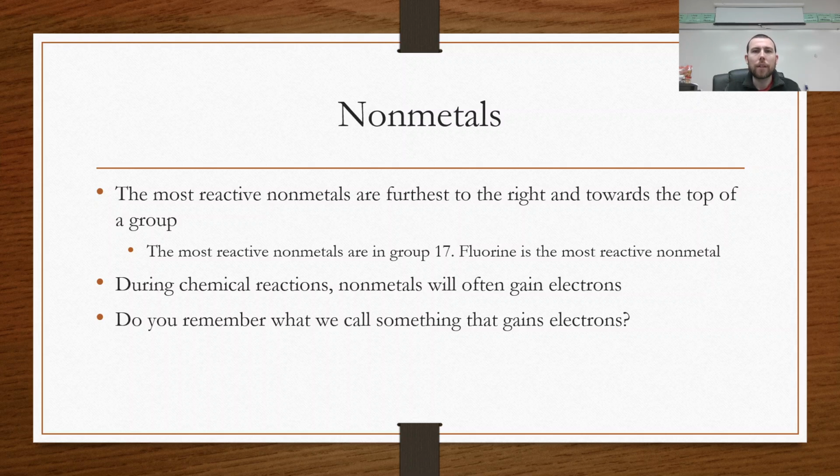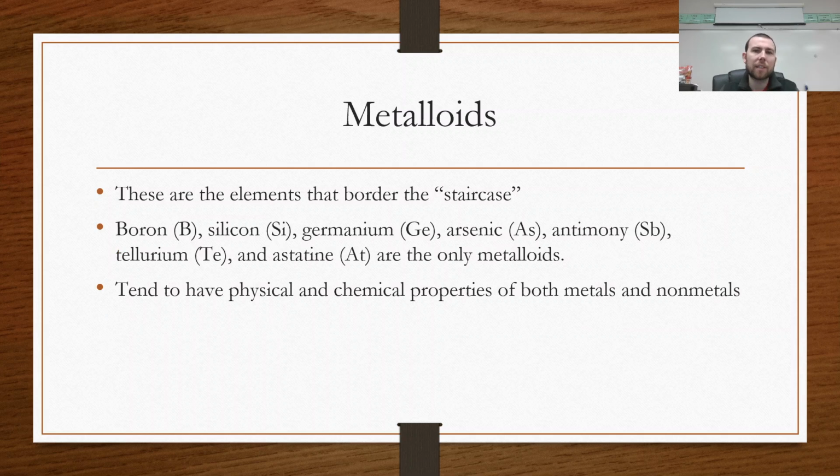Now, our last group of elements that I want us to take a look at are the metalloids. And the metalloids are unique because they have properties of both metals and nonmetals. And if you think about even in the reading that you guys did in class, it talked about how the metalloids could be brittle, and yet at high temperatures, some of the metalloids are really good conductors of electricity.